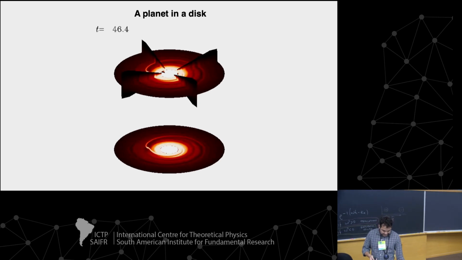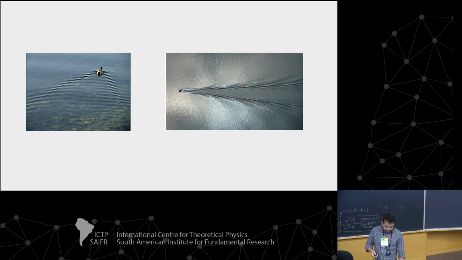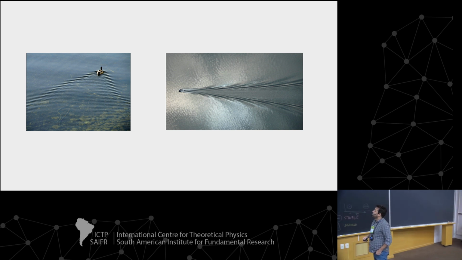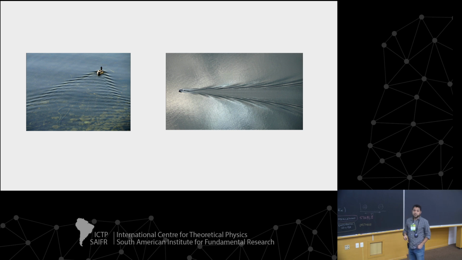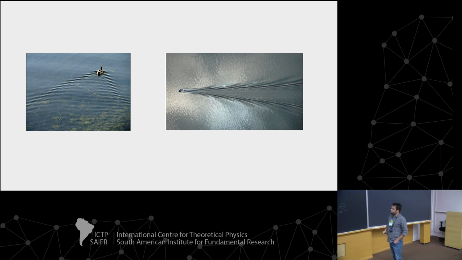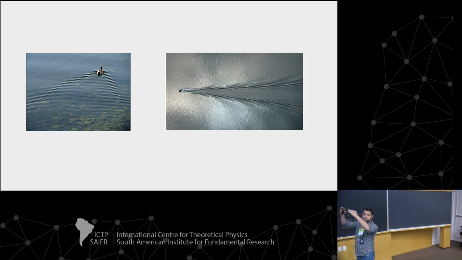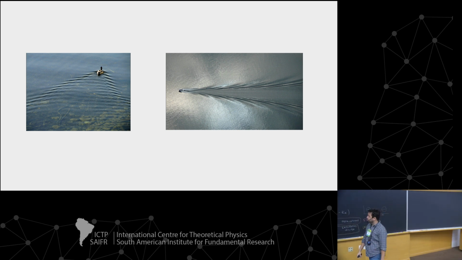So this wake of the planet in the disk, the analogy here is like these waves, right, that things in water make as they travel through it. This V-shaped wave.